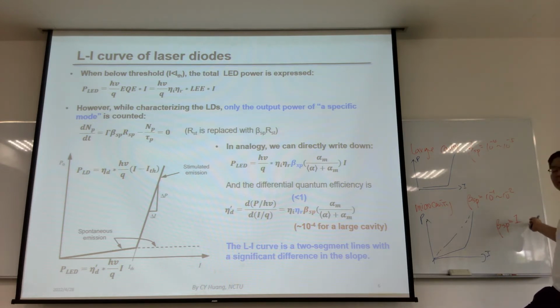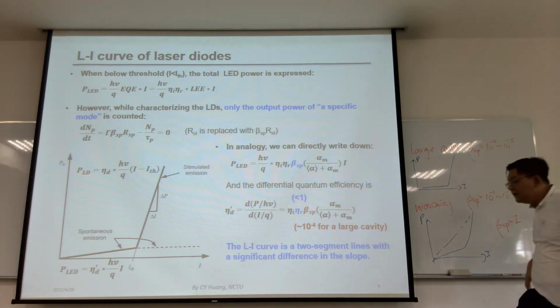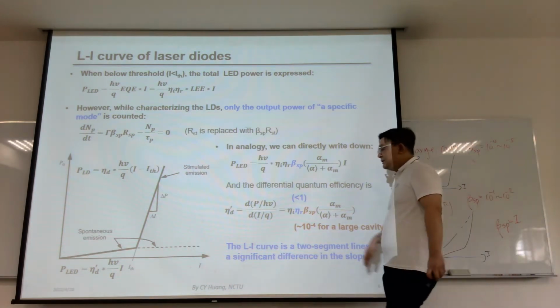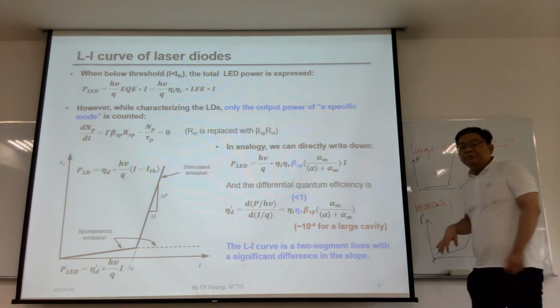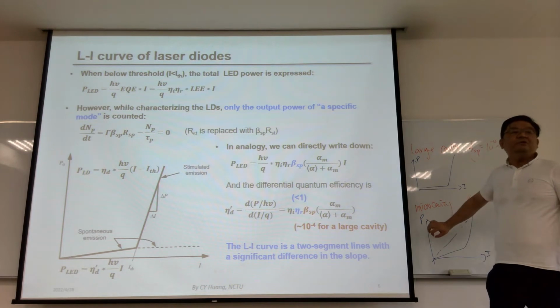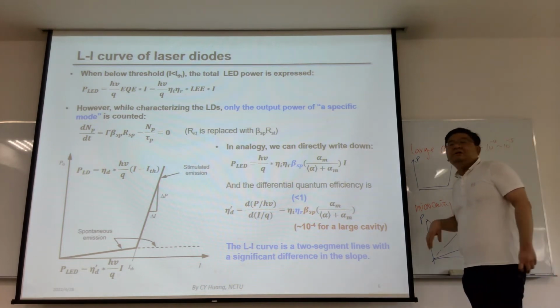Can we make a cavity so small that there's only one mode inside the cavity, simultaneously hitting the gain spectrum of your semiconductor? That will be a thresholdless laser. So that would also be a very hot topic for some groups doing microcavity lasers. But that will not be the scope. But if you are interested, this might also be your topic for your final report.